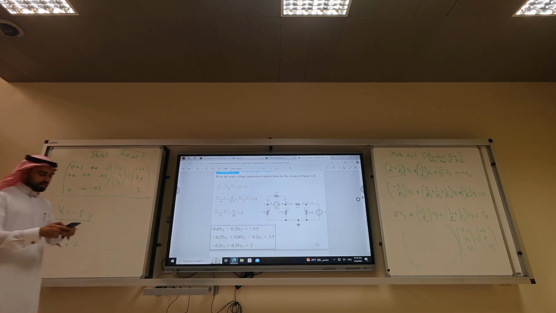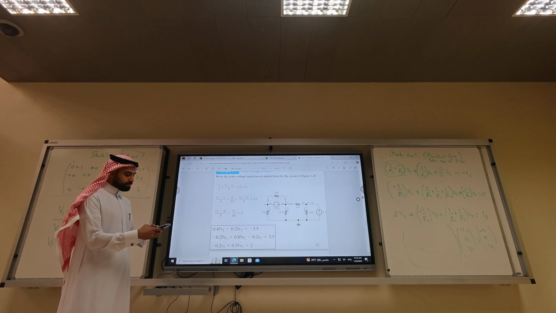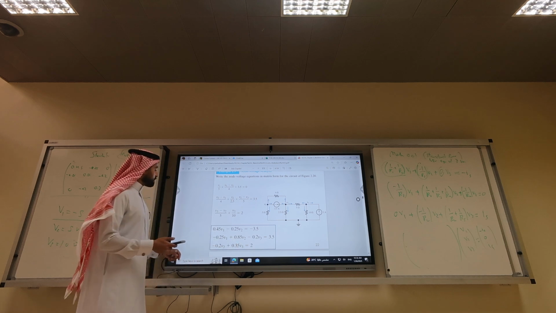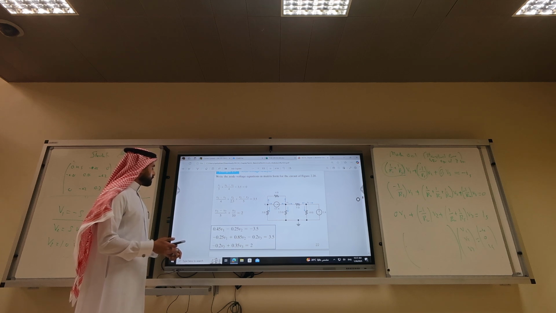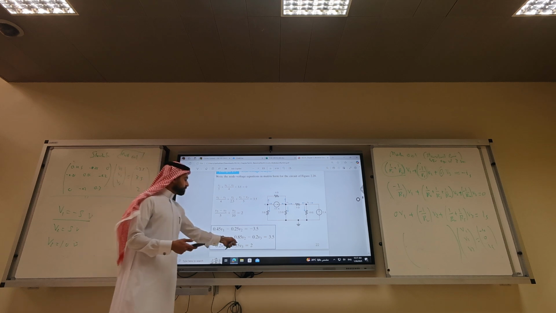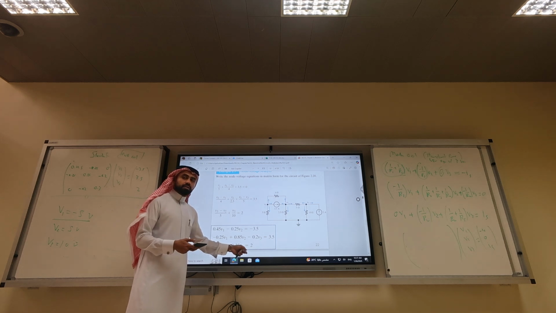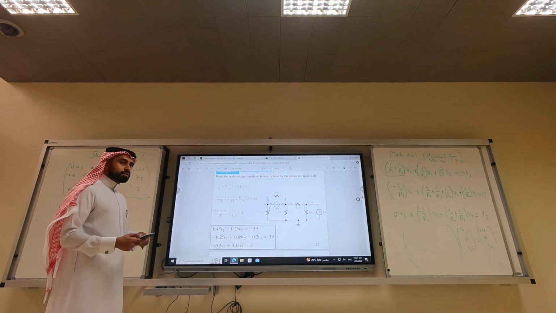If you don't know, plug it in. 0.45 times minus 5. The last equation is not correct. It should be 0.3 V3. So negative 0.2 V2 plus 0.3 V3. This is not 0.35, it's just 0.3. And if you fix it, then you would have minus 5, 5, 10.